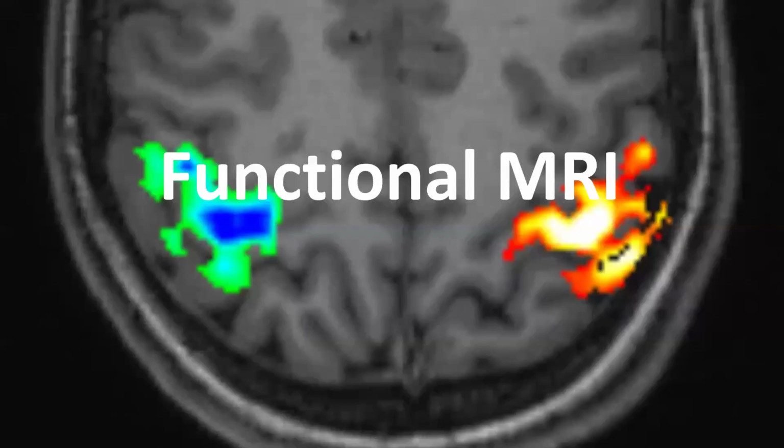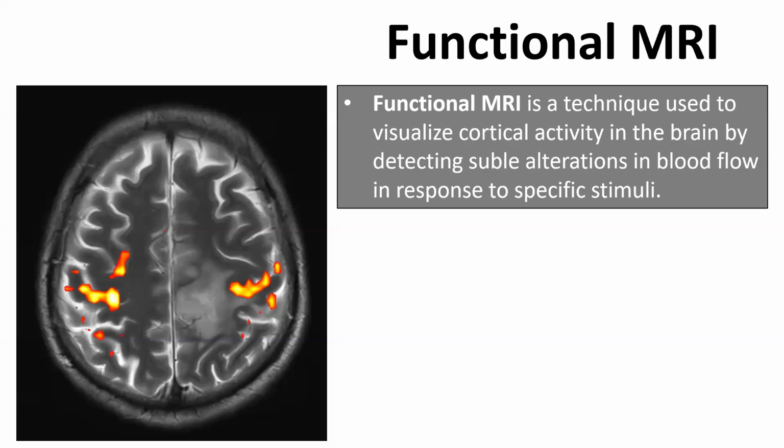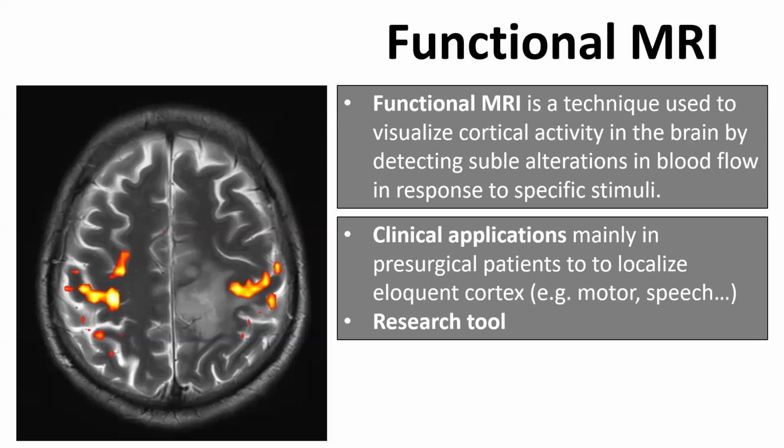Let's now talk shortly about functional MRI. What is functional MRI? It's a technique that allows us to visualize the cortical activity in the brain by detecting very subtle alterations in blood flow in response to specific stimuli. Is it used a lot? Yes, in research settings.